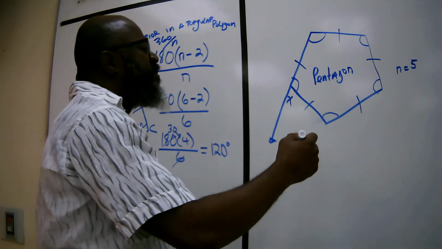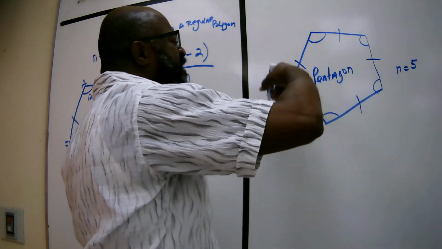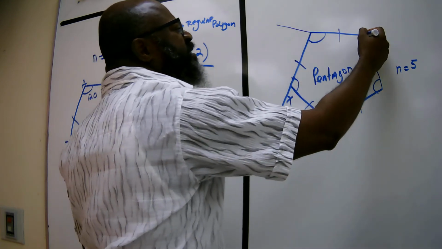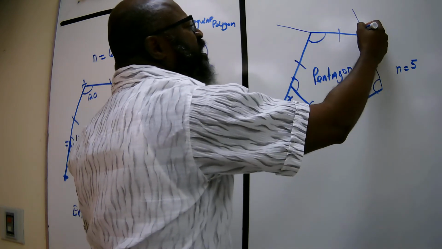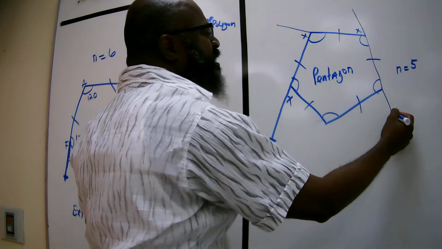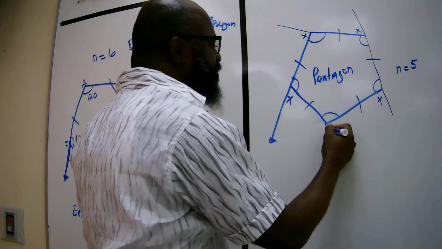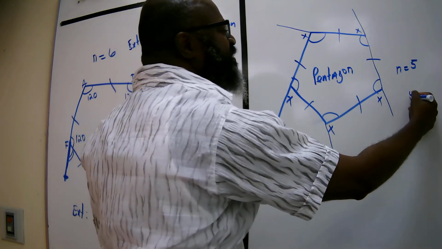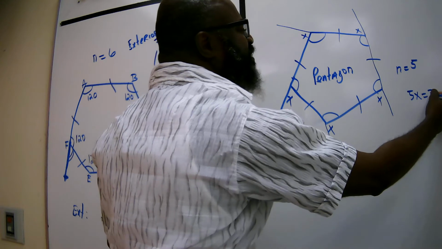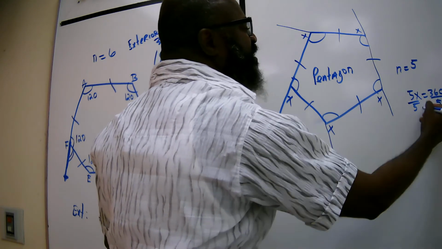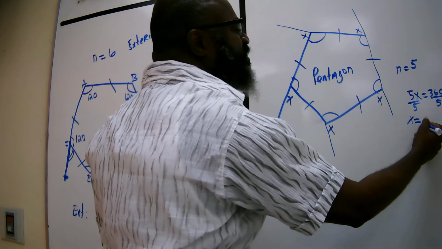So the sum of the 5 angles combined, this will be x, this will be x also. Alright, if you extend that, that is x. So in this case we have 5 exterior angles. You will have 5x is equal to 360, and divide by 5, that will give you what x is.